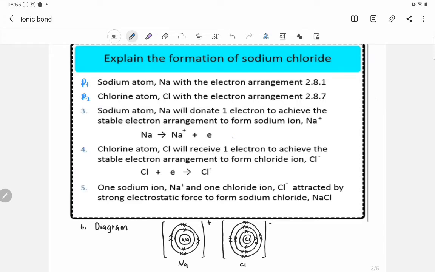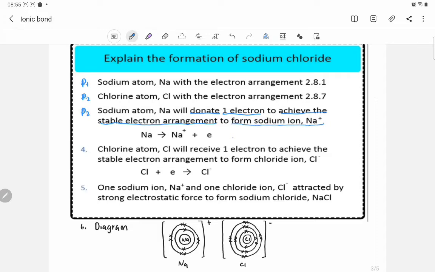So chlorine atom with the electron arrangement 2.8.7. Okay, so after we mention the electron arrangement for these two atoms, we go through with point number 3, which is sodium atom will donate one electron to achieve the stable electron arrangement to form sodium ion.